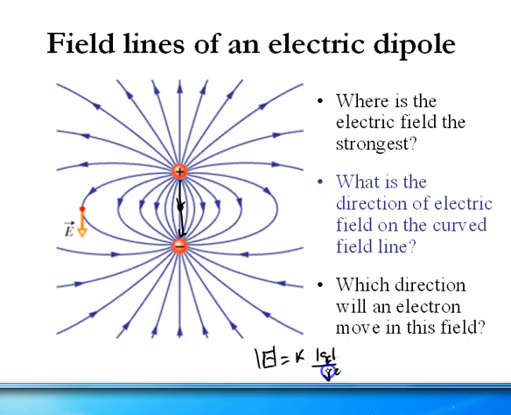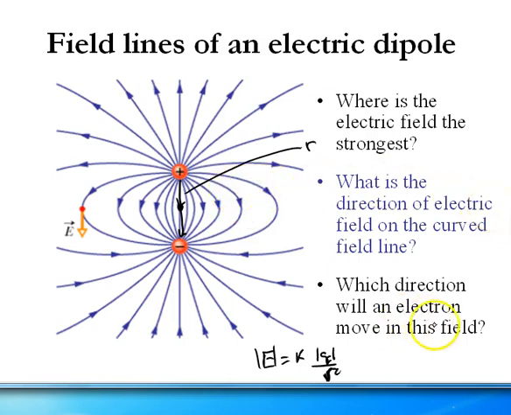However, we're dividing by this r squared. This is the distance r we're talking about. So the magnitude is actually still the strongest right at the surface of the charges. It's also stronger towards the center. It decreases as we move away from this central axis. We call this the dipole axis.